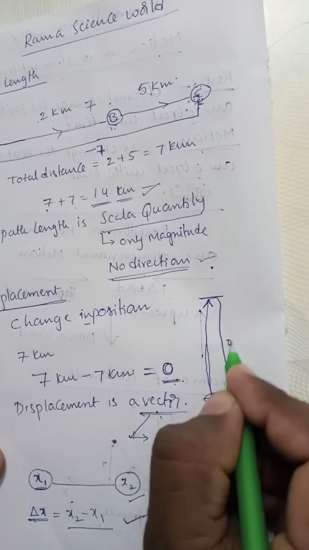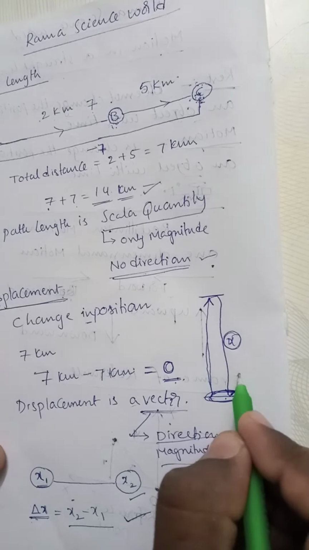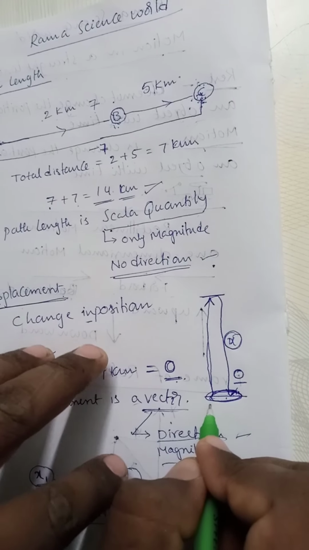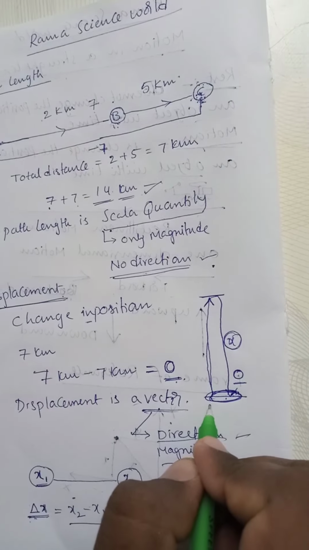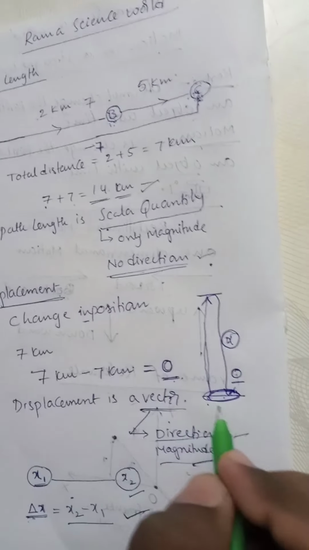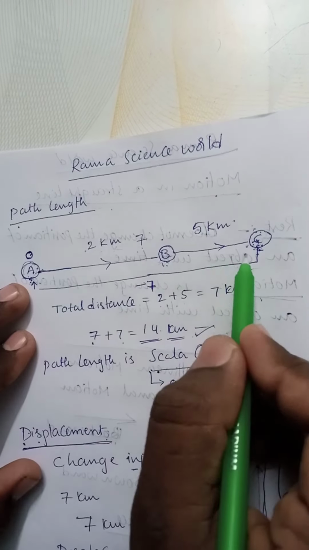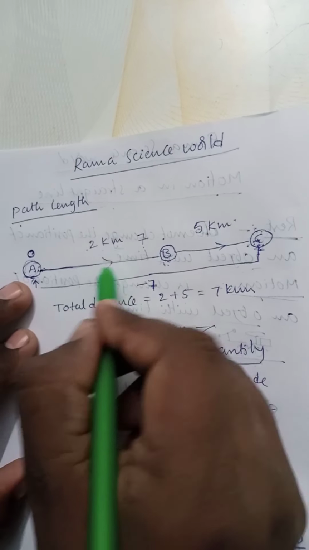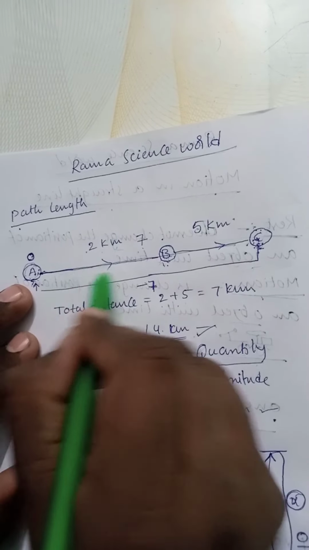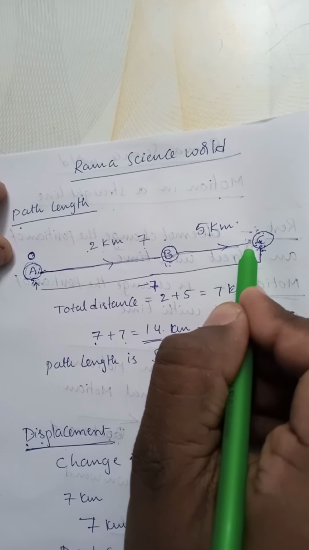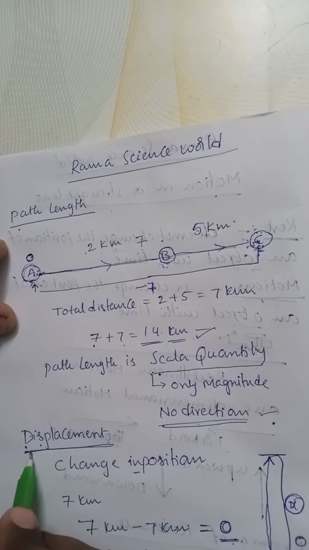Some path length is there, but displacement is 0. So you must consider that displacement can be 0 and path length may not be 0. In the same-direction case, the direction of the path length and the direction of the displacement are the same. That's why the total distance is the path length and also the displacement.